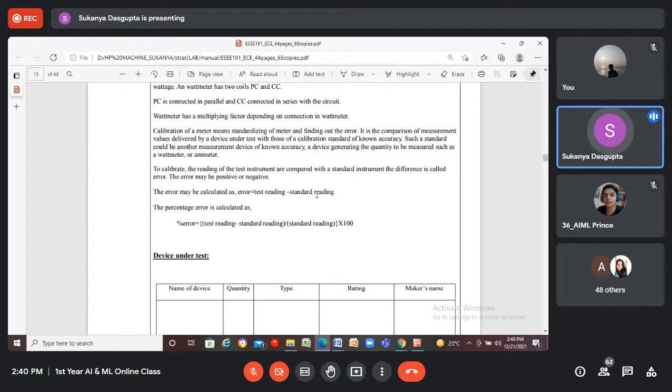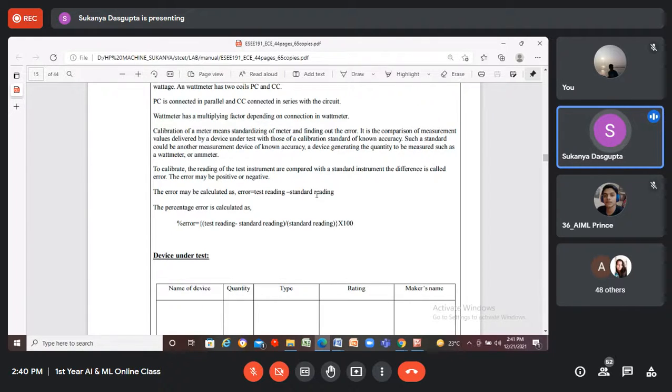That means all the data are not close to each other, and they are not close to the true value or the standard value. That means the readings are neither precise nor accurate, right? Now, in order to reduce this error, always we need to check whether the instruments are properly calibrated or not. So because of these reasons, always before using any instrument in any circuit, it is to be calibrated by using a standard experiment.